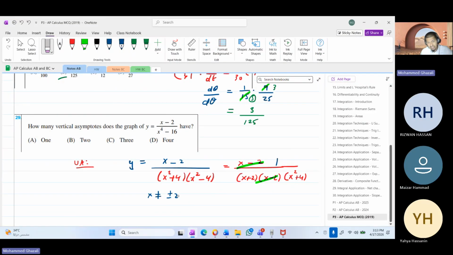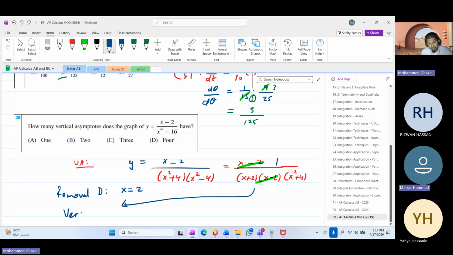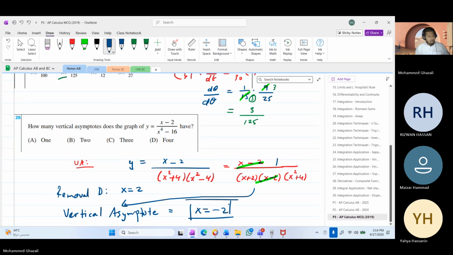You see the factor that you cancel out there? In a rational function, if you can cancel the factors out, that has a removable discontinuity at x equals 2. So the vertical asymptote will be x equals negative 2. So I think it's only 1.